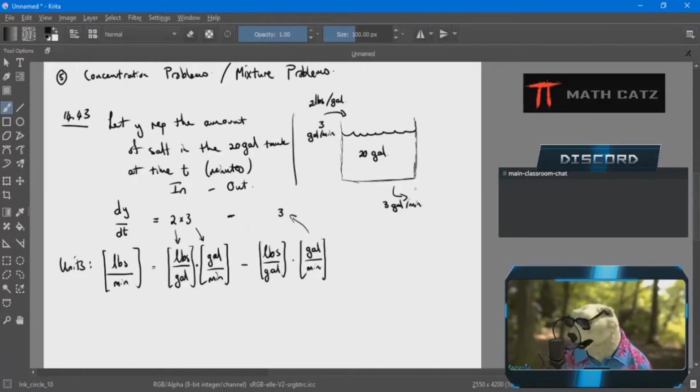But how much here in pounds per gallon are going out? Well, in this 20 gallon tank, I have y pounds of salt. So the per gallon amount is therefore y divided by 20. Y pounds of salt in 20 gallons, so y divided by 20 is the per gallon amount of salt.